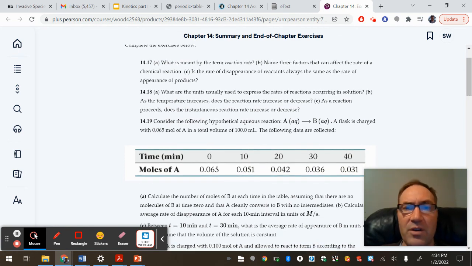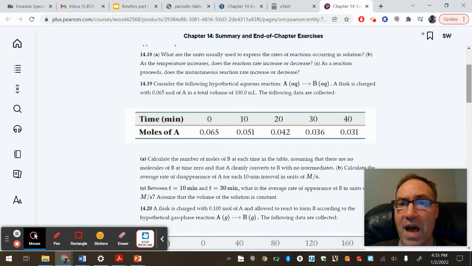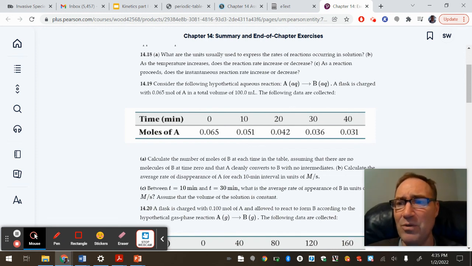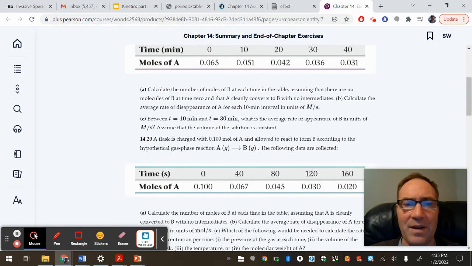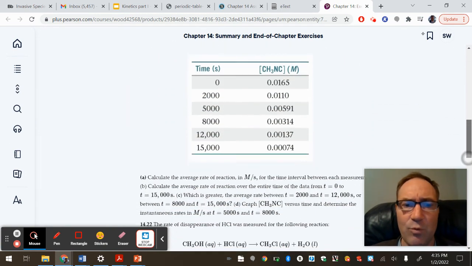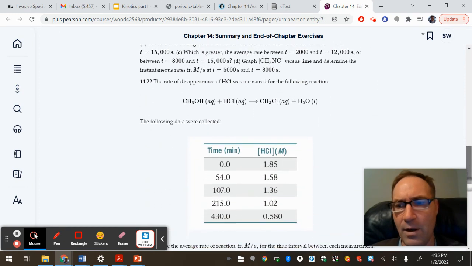What are the units usually expressed to describe rates of reaction? That's molarity per second, molarity per minute. This is all conceptual stuff, right? Then comes the math. Could you find the rate if you're looking at moles and the change in time? Heck yeah, you can. You just do molarity over time. But the one I'm worried about is number 22.